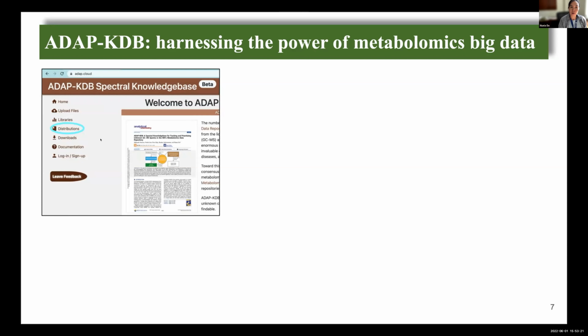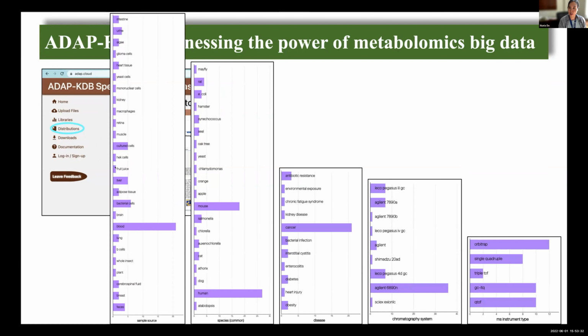So far we have pre-processed and analyzed more than 100 studies. Among these studies, here we can see the distribution of sample sources, species, diseases, chromatography, and mass instrument. This gives us an overview of what type of studies we have already processed.